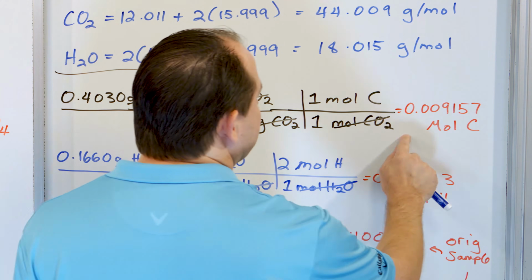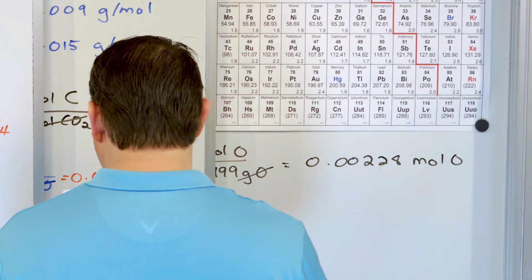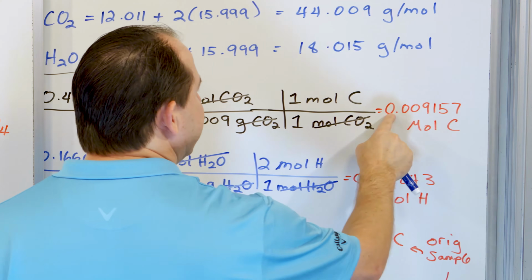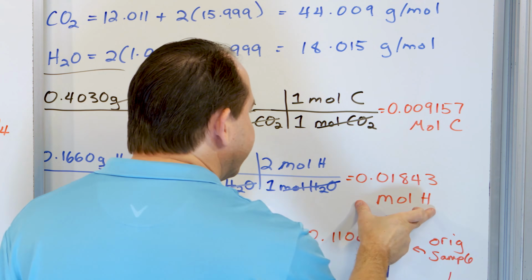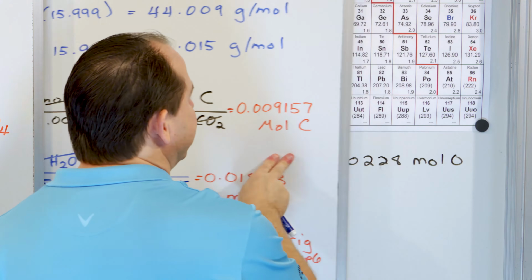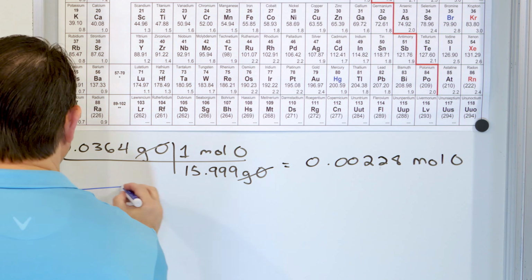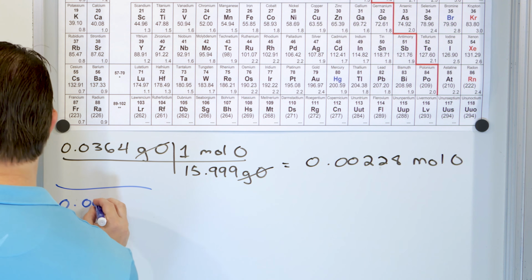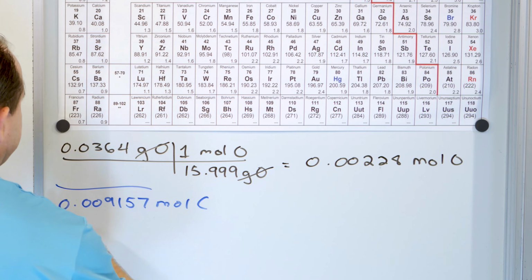The smallest of these numbers, I believe, is going to be the moles of the oxygen, right? Because 0.00228 is the smallest between this and this. So what we're going to do is write down the moles of carbon, write down the moles of hydrogen. We're going to divide by the smallest of them, which is the moles of the oxygen. So from the previous page, I'm just going to write down the number of moles of the carbon, 0.009157 moles of carbon.